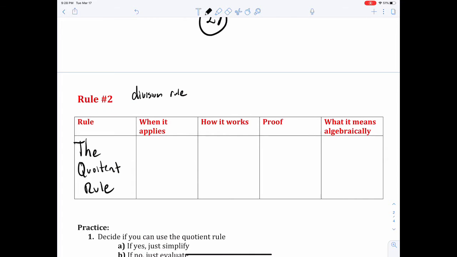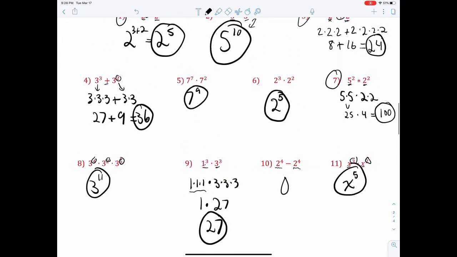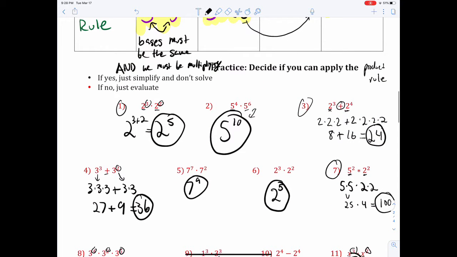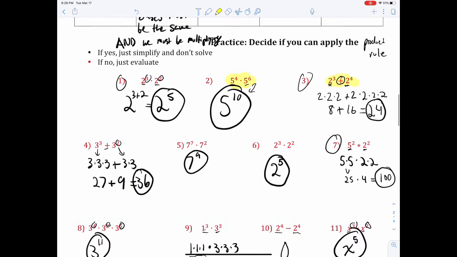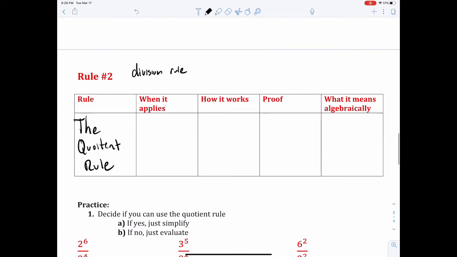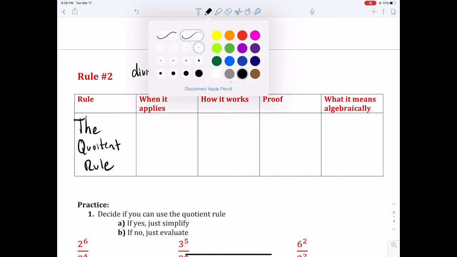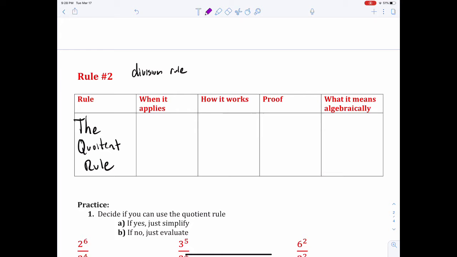So when does this rule apply? Like last time, we can't just use the rule whenever we want. For example, we can't use the rule when we're adding. We can only use it when we're dividing things of the same base.